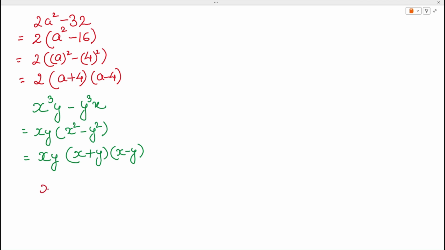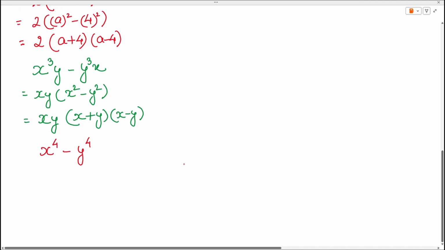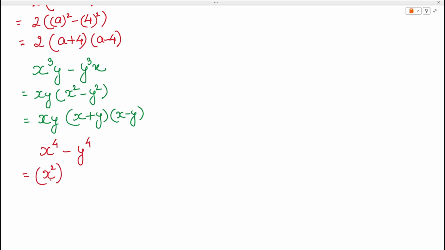Now let us look at a few more examples which involve powers other than the exponent 2. Let us take the question x to the power 4 subtract y to the power 4. The question says factor completely. Here x raised to the power 4 can be written as x squared raised to the power 2. We can apply the exponent rule: 2 multiplied by 2 gives a 4.